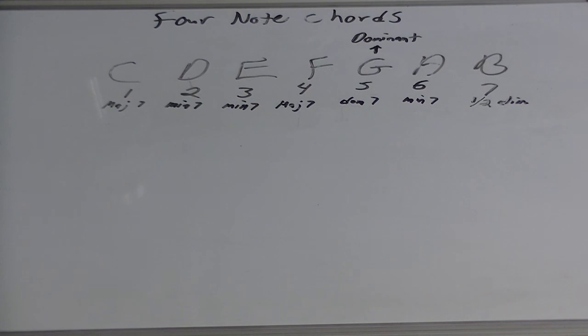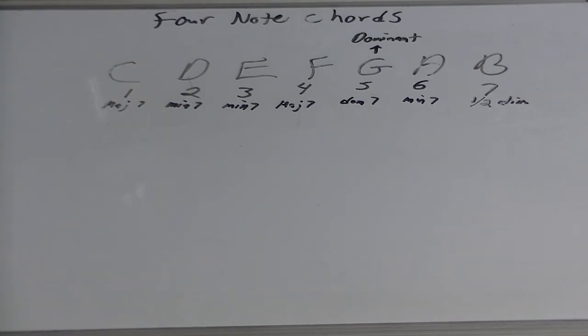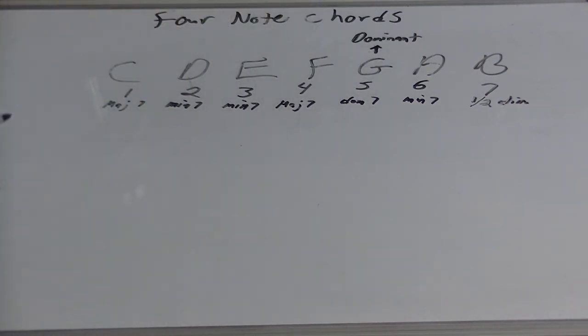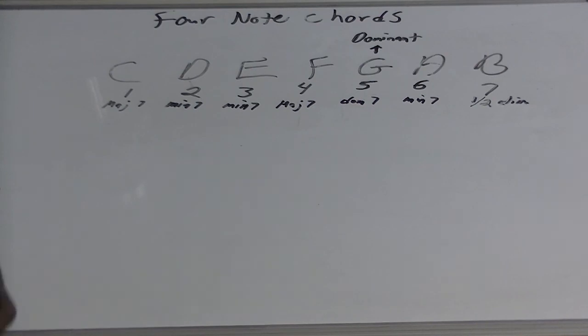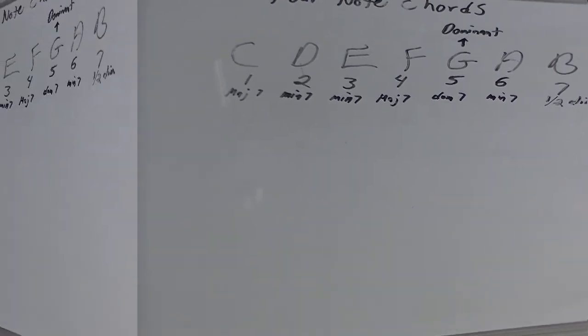The chords that are built on the 2nd, 3rd, and 6th notes of the scale will be minor 7th chords. And the chord that is built upon the 5th note of the scale will be unique in that it is the dominant chord. G is the dominant note, and if we build a 4-note chord upon it, we will get a dominant 7th or 7th chord, as it's commonly referred to.